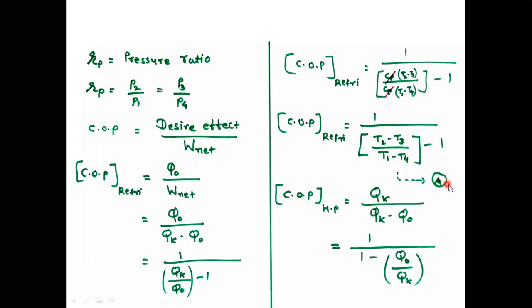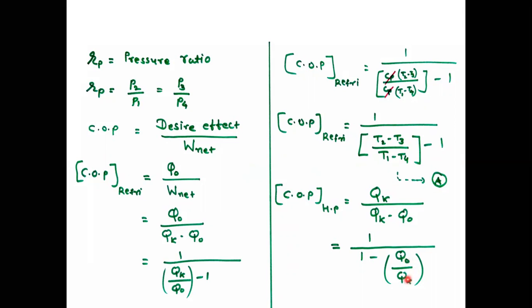Say equation A. Second, COP of heat pump: heating effect divided by W net. Heating effect is QK. W net is equal to QK minus Q0. Divide by QK in numerator and denominator. We get 1, QK divided by QK is 1, minus Q0 divided by QK.